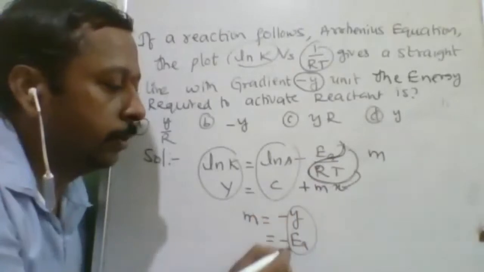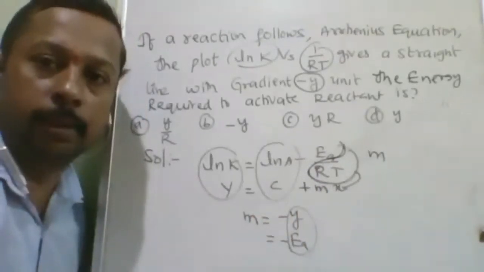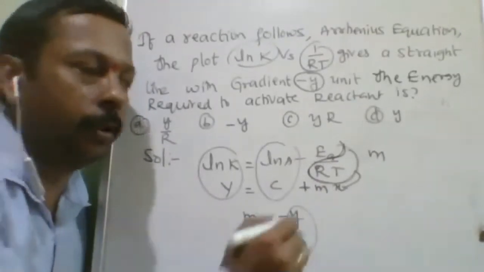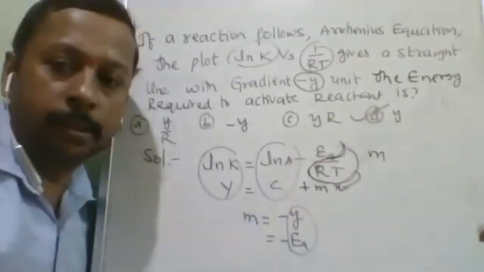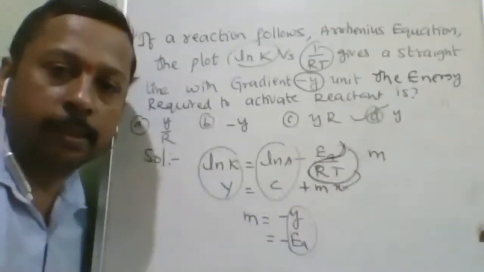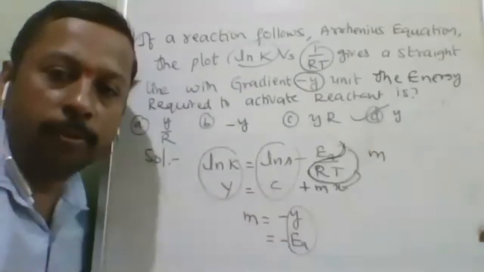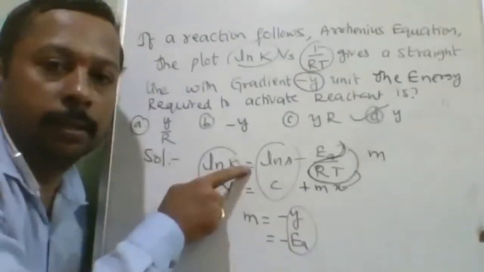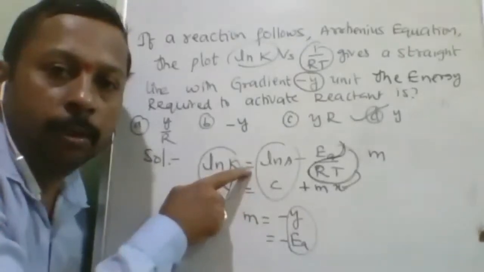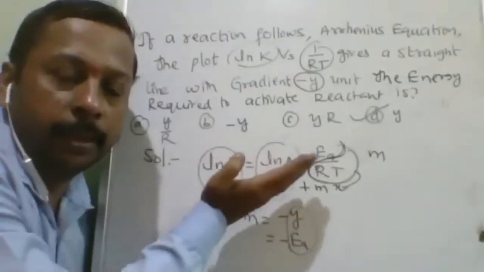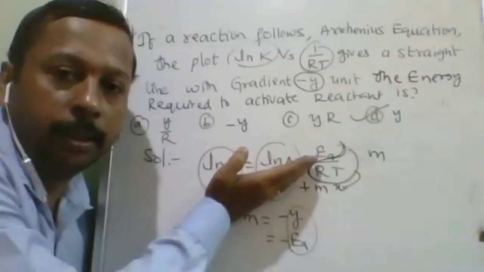So Ea is equal to y. Therefore, what is your answer? The answer is D. Why is the answer D? Is it understood? So it is more about attentiveness. Knowledge is primary, you should know this equation, but people stop their knowledge here only.